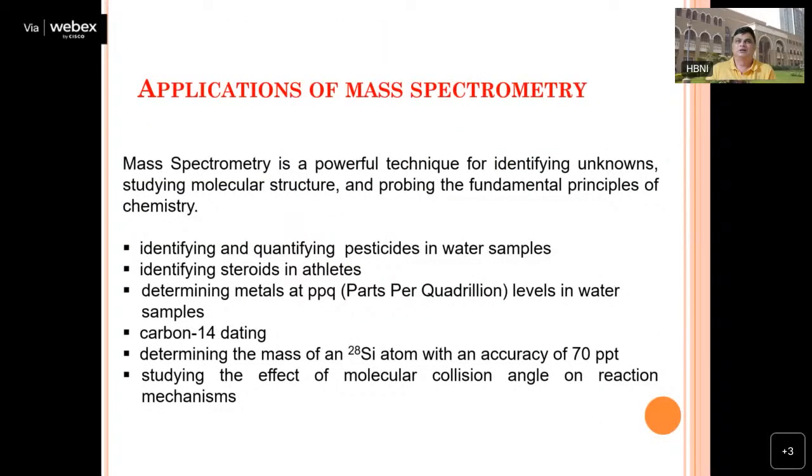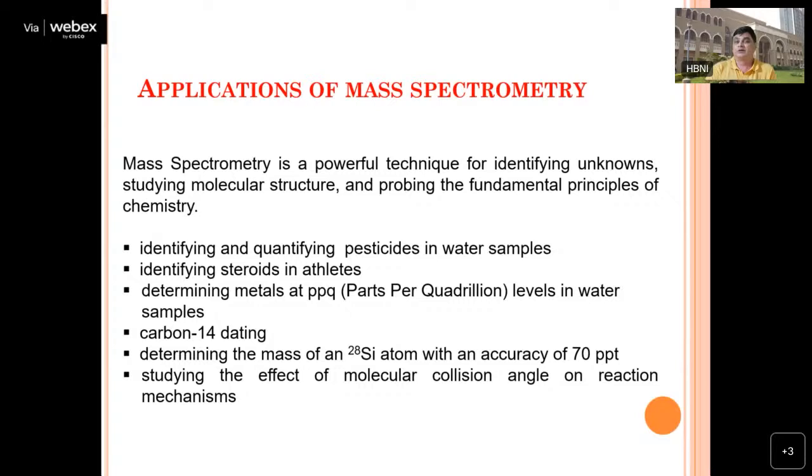Other applications of mass spectrometry are identifying and quantifying pesticides in water samples, identifying steroids in athletes, and measuring metals at ppb levels, such low levels in water samples. When looking at drinking water as per the WHO norms, one has to use these mass spectrometers.